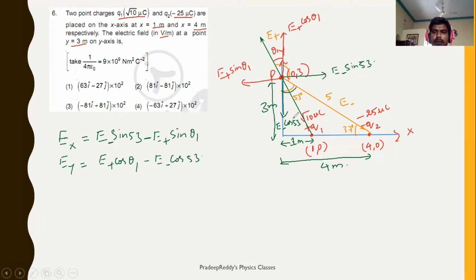Right? You can find out this theta 1. Obviously, this is the angle theta 1. Length along it is 3 meter and this is 1 meter. You can find out this theta.